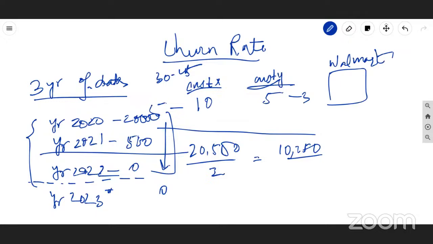What threshold should we capture? Because we don't know the threshold.